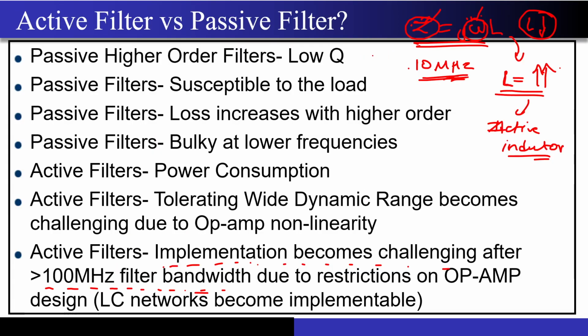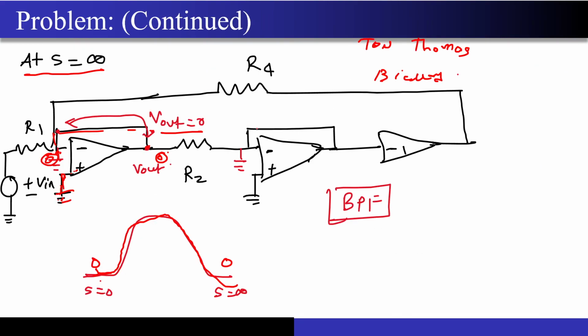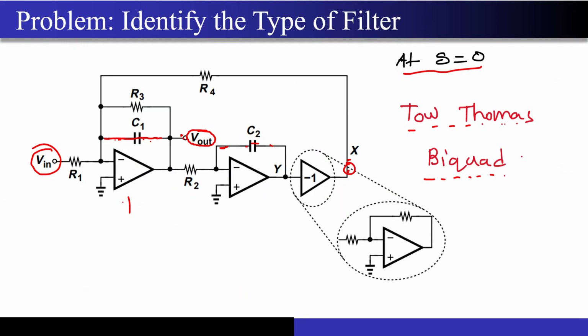Now let's try to understand some points with respect to active versus passive filters. See, when you are trying to design higher order passive filters, you don't literally have any control on the magnitude, that is the amplitude response. Why am I telling you that? If you look at this particular circuit, you have a gain from the op amp, and you have the gain from this op amp as well.